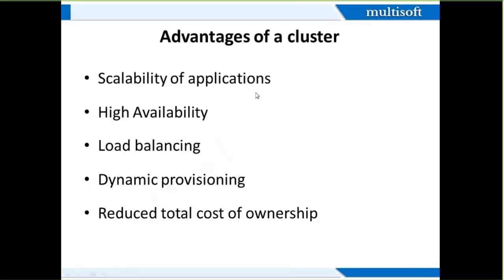Now next is high availability. What is high availability? If I have only one node, one server on which I have deployed my application, and that server goes down or crashes, my application will go down. But if I have deployed a cluster and one server goes down, then the application is available on another server within that cluster, right?